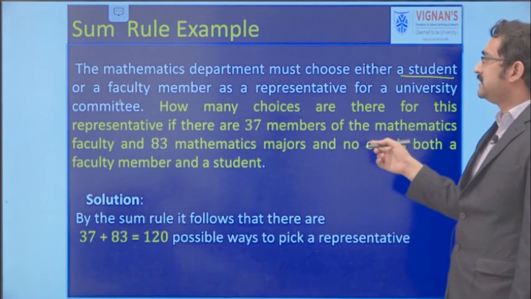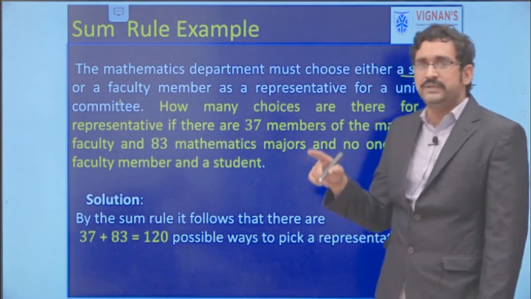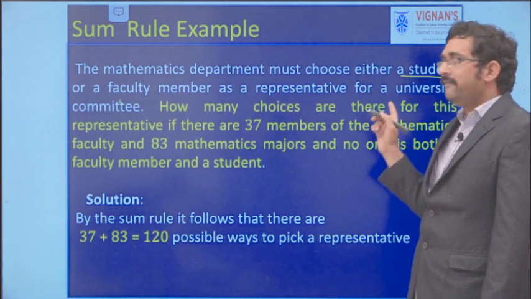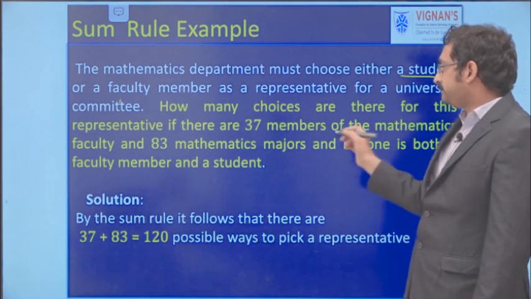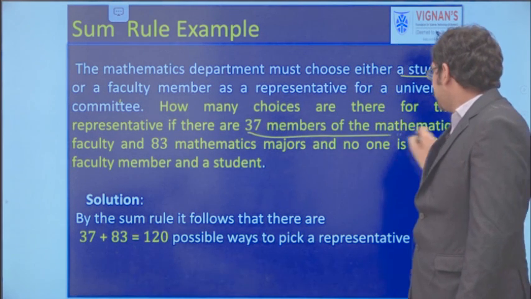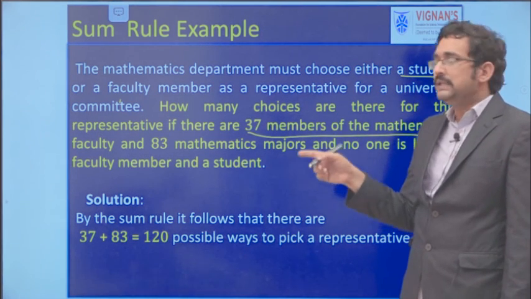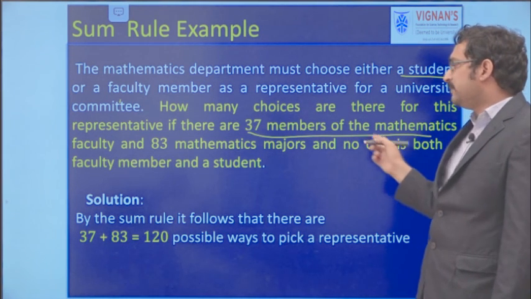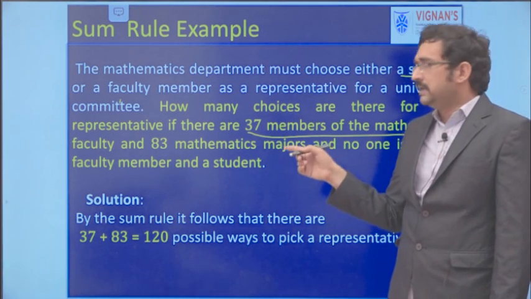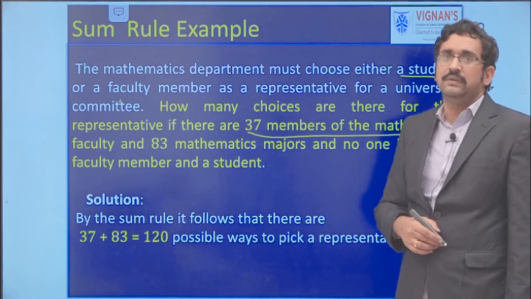So the department must choose either one student or one faculty member.